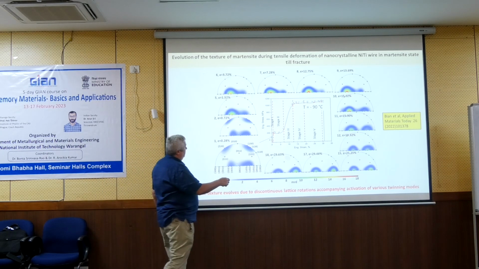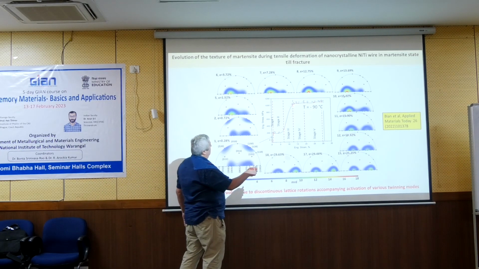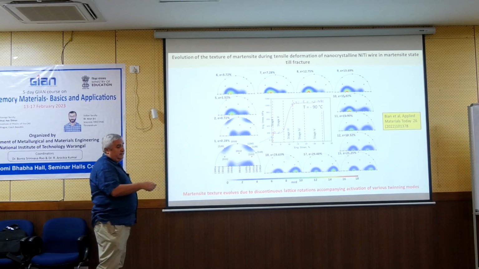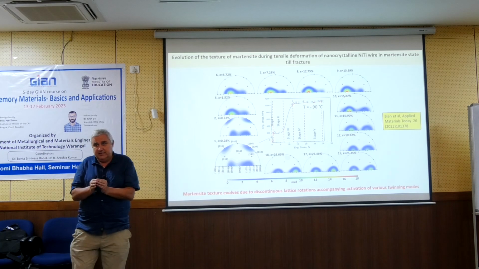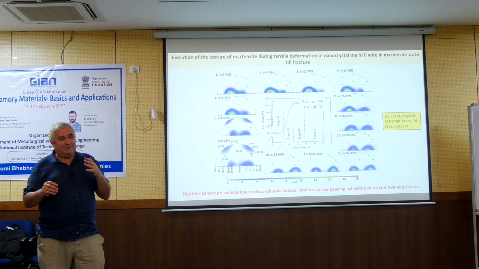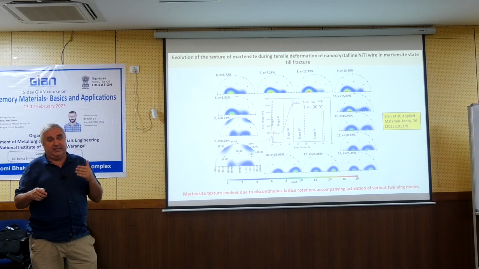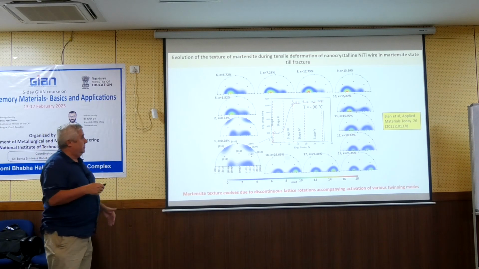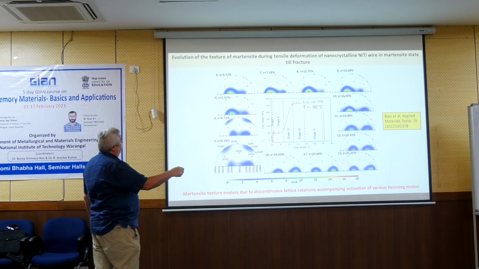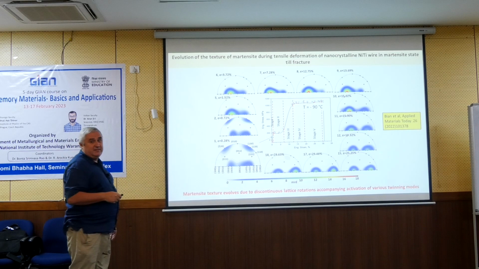It starts from 300 megapascal up to 1 gigapascal. It is almost elastic, but inside the grains there are these laminates of 2 twins. So sometimes people call the reorientation detwinning, but why would you call it detwinning if even in 7 and 8 you still have twins?